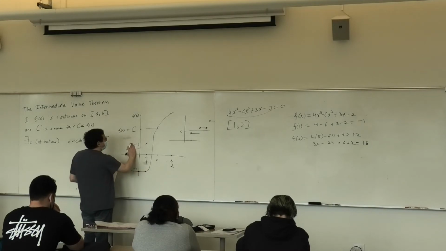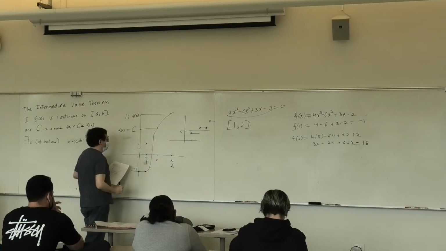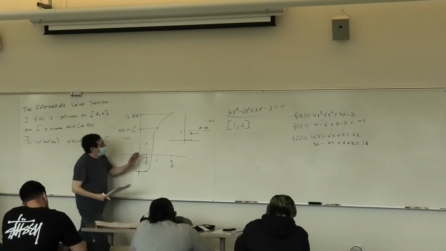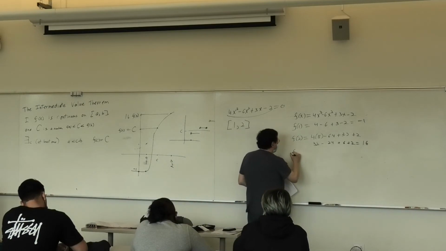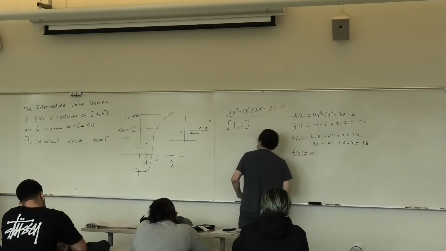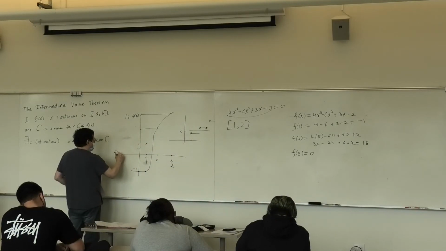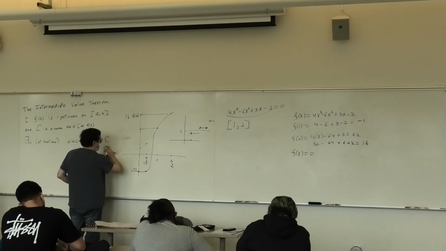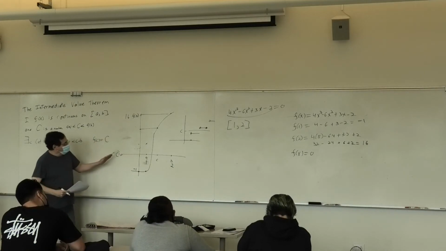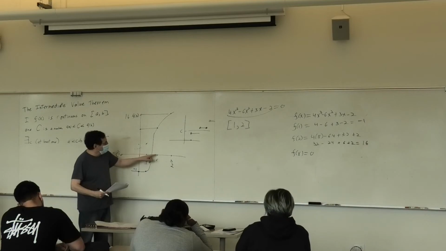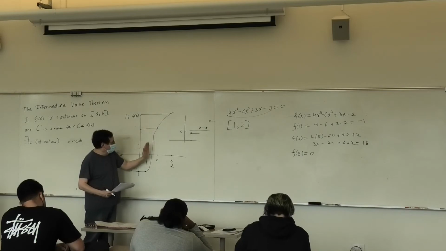And f of B is 16. And we want to know that there's a solution to this, which is f of x equals 0. So my big C is 0. The intermediate value theorem tells me there has to be a c on here, where f of c is 0, because we have to pass through all these points.